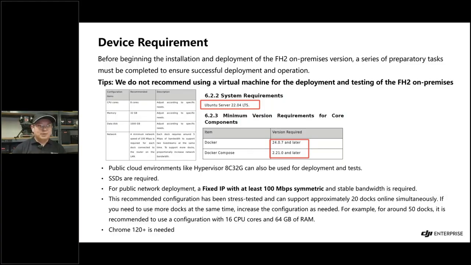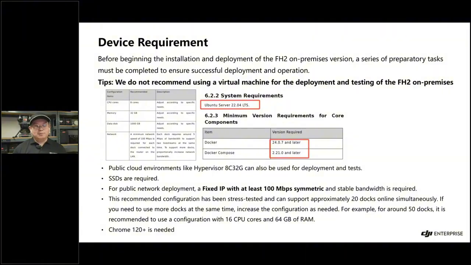So the given recommendation is to have an 8-core CPU, 32 gigabytes of RAM, and about a terabyte of data disk. Now, that 1,000 gigabyte storage really depends on how much data you plan to store inside FlightHub 2 on-premises.